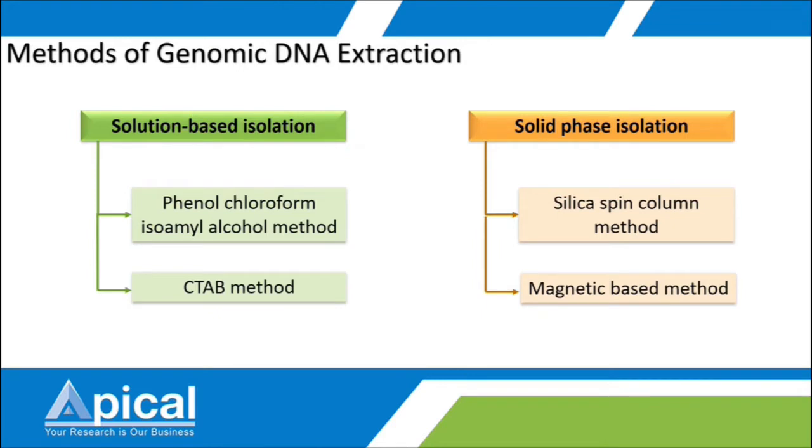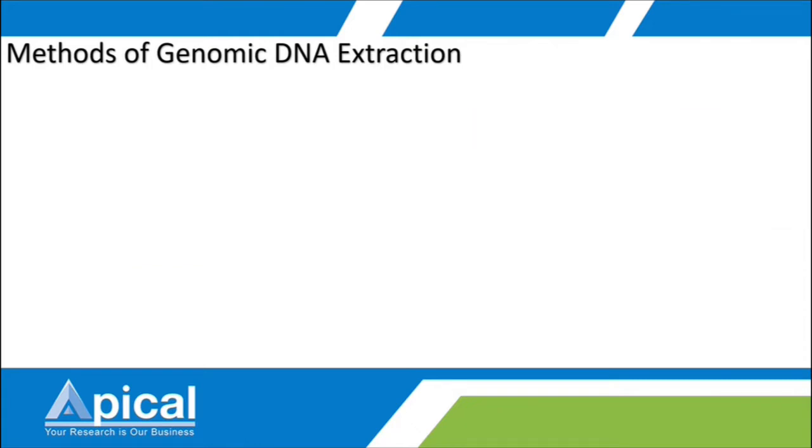Just one involves binding the DNA to a membrane inside a column, and the other is binding to magnetic beads. So let's go through a little bit on each of the methods.